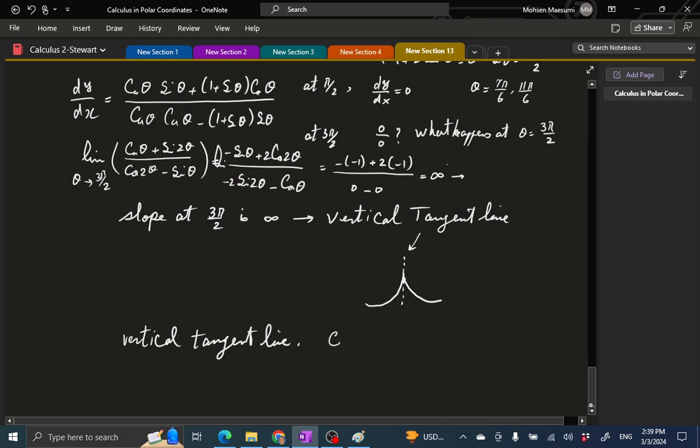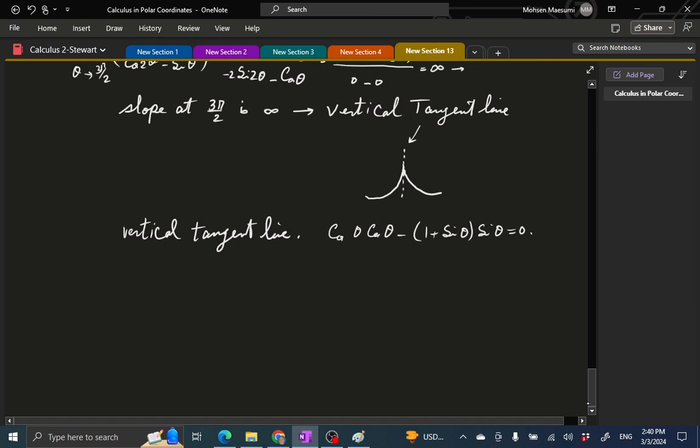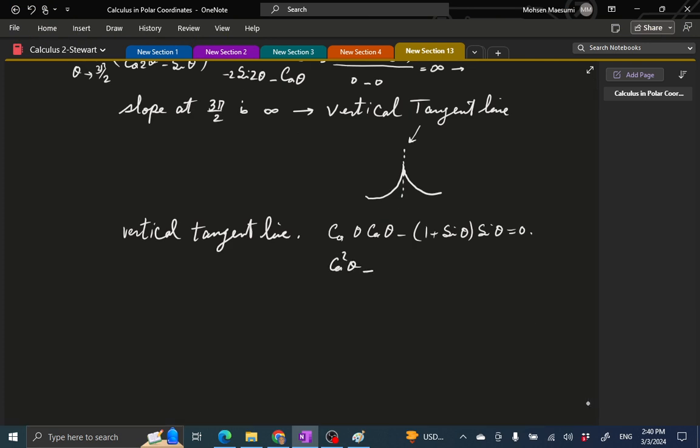We are going to have cosine theta minus 1 plus sine theta times sine theta being equal to 0. So we go ahead and multiply. I get cosine squared theta minus sine squared theta minus sine of theta equal to 0.